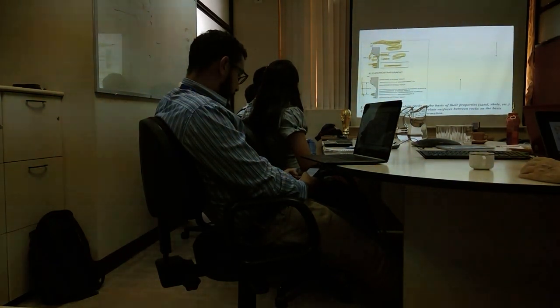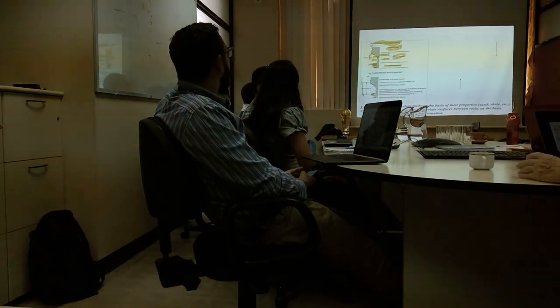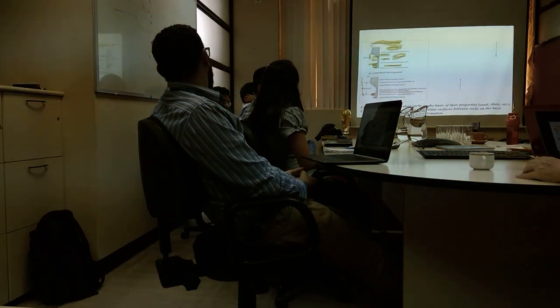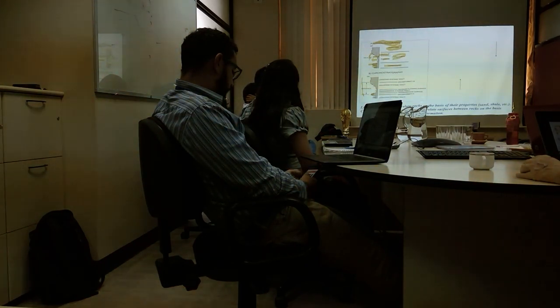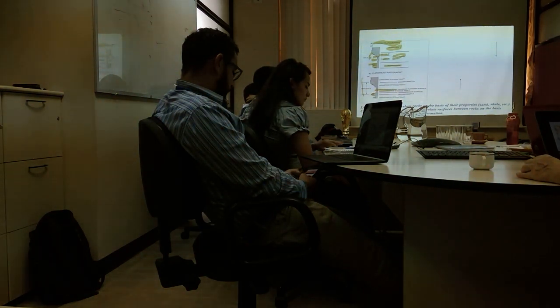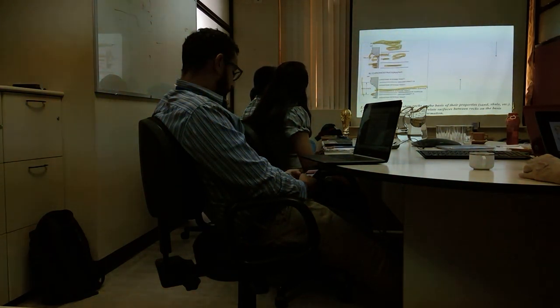I said the easiest one to see is going to be a high gamma ray kick, and that's going to be your condensed section, with the maximum flooding surface. So the first thing I do is look for the high gamma ray kick, and the highest one is right there. That's your maximum flooding surface with your condensed section below it.